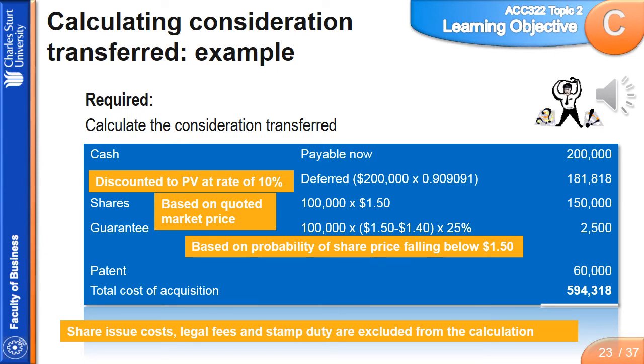There was a 25% chance of that happening, and if it did, they thought it would reduce to $1.40. So we're including that as a consideration as well. And there's also that patent which we need to recognize. So the total cost of the acquisition, therefore, adding up all those figures, is $594,318.